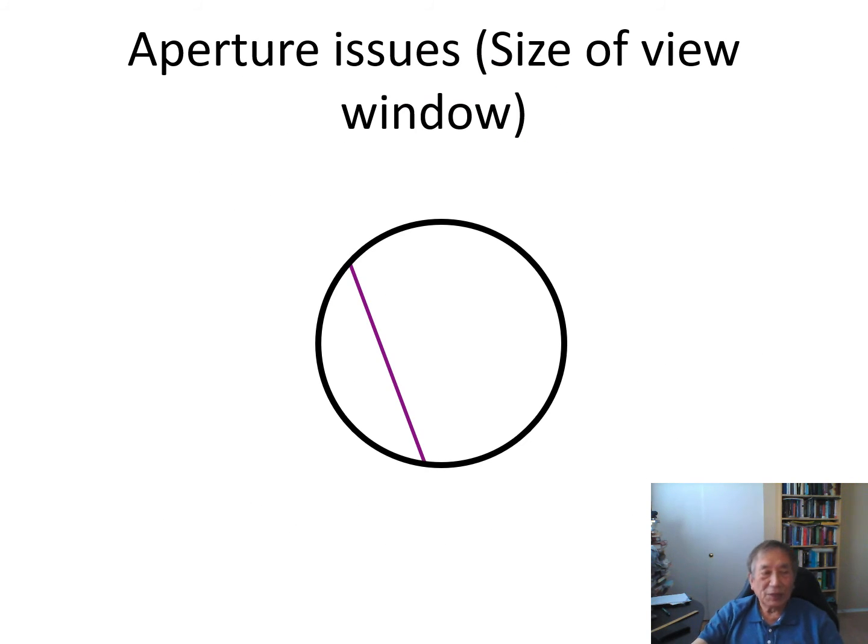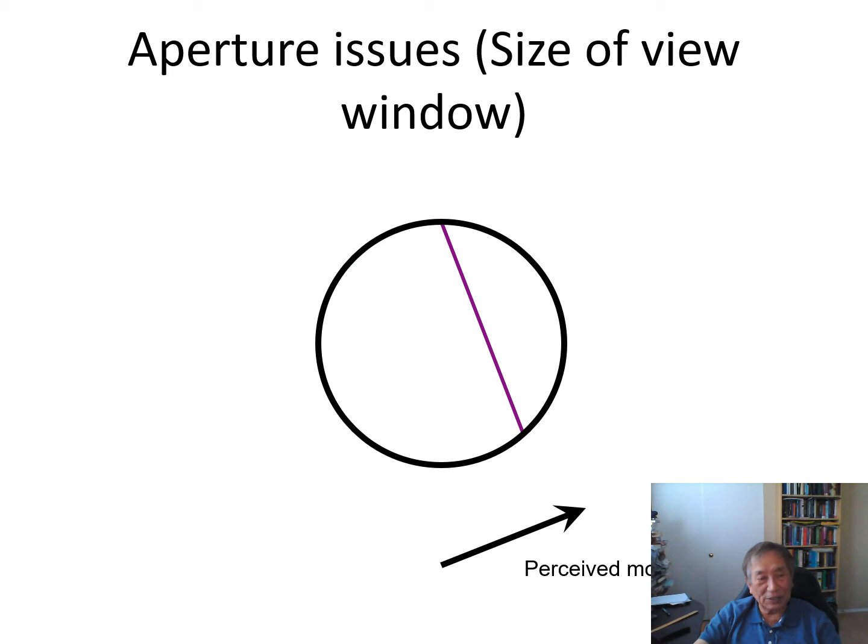Okay, but there's an issue called the aperture problem. Aperture is the opening, in a way, a window. So the aperture issue is about the size of the viewing window. When it is small, we see that the purple line was here and one was there, so we feel like something is changing.